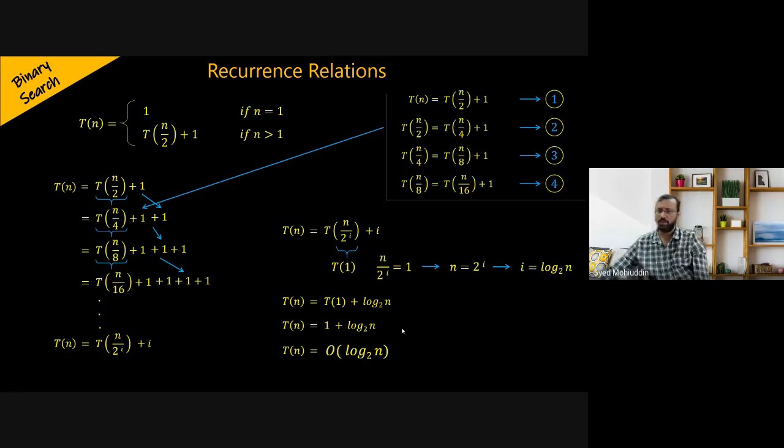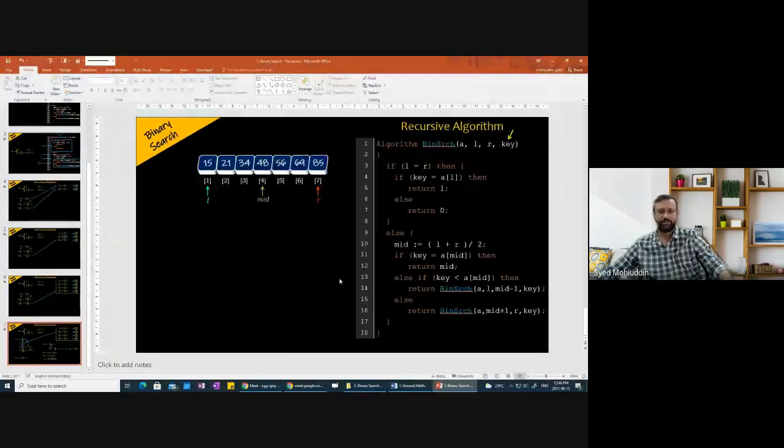So both with the iterative method as well as the recursive method, the time complexity of binary search is O of log n. So this is how we compute the time complexity.